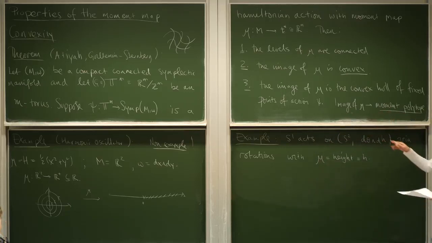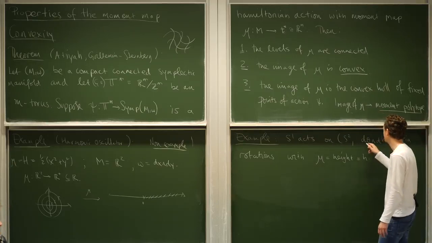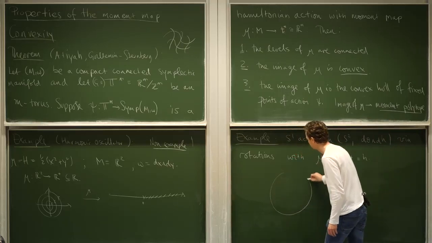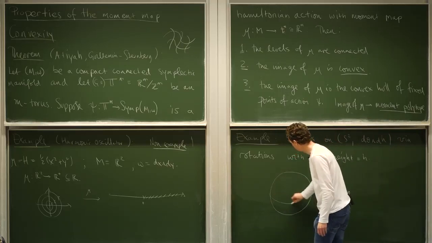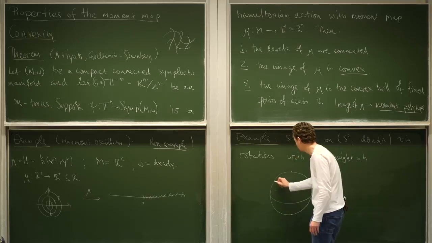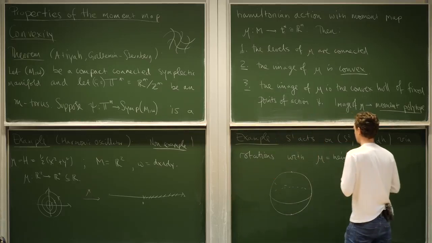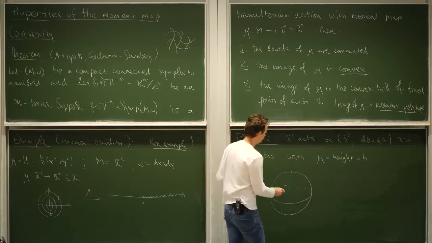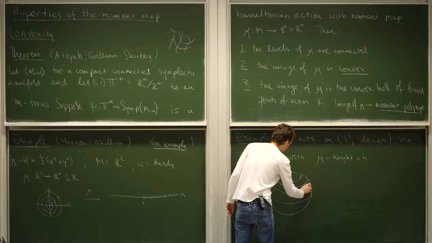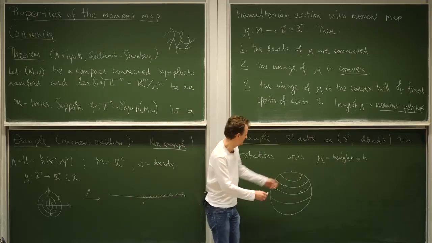So we're going to take S1 to act on the surface of the sphere, and we're going to use coordinates, angle and height coordinates. Here's the sphere, and the action of the circle on the sphere is to just rotate the sphere. So the group acts by rotating the sphere in this direction.